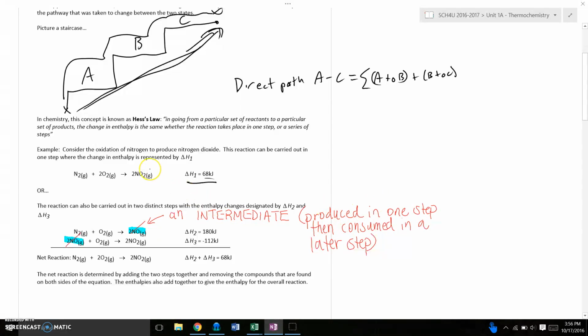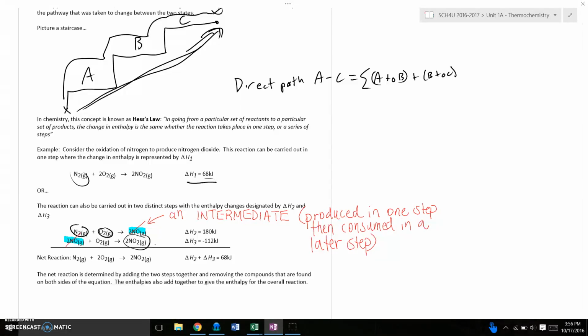So you can see in this step, the reaction of nitrogen gas and oxygen gas produces nitrogen monoxide. Nitrogen monoxide then reacts with oxygen gas to produce the nitrogen dioxide that we saw in the first equation.